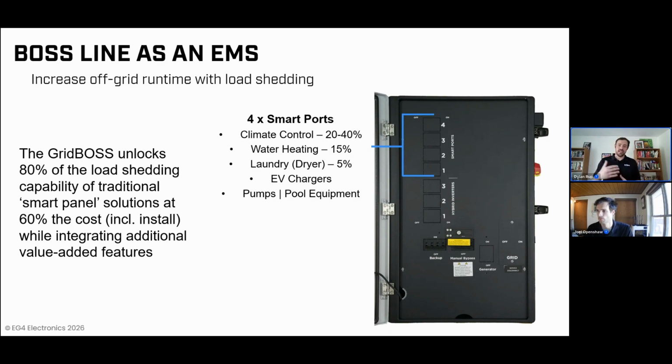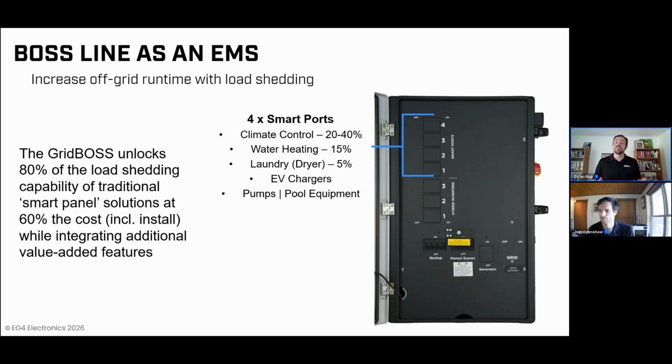Climate control, between heating and cooling, is often 20 up to even 50% of the electric load of the home over time. Not only does that become a burden on the inverter itself, more importantly, it becomes a burden on the batteries. If you're in an extended outage and you're having to cool the home with a 5-ton HVAC like I do here in Texas, that's going to drain a battery system incredibly quickly.